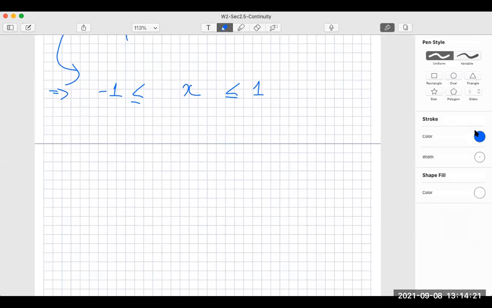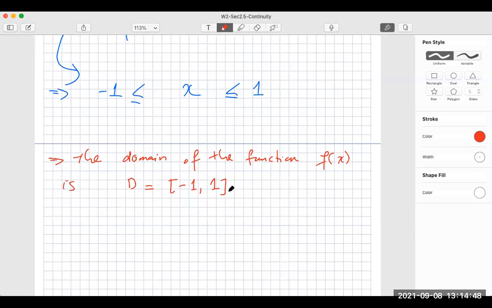In other words, the domain of the function f of x, D, is equal to this interval from -1 to 1. Okay. We haven't done anything yet. Just reviewing how to find the domain of a radical function. Okay? Do it slowly. We got this.